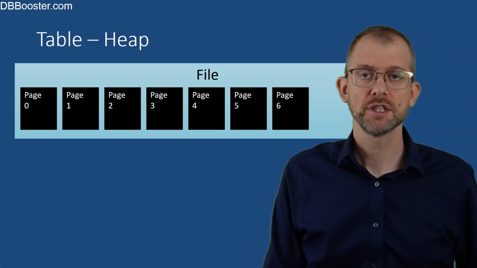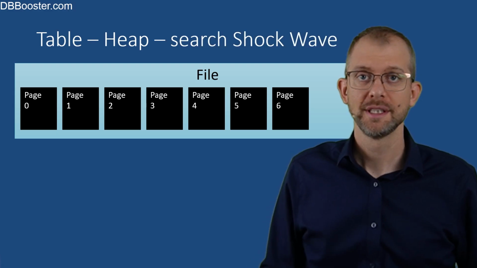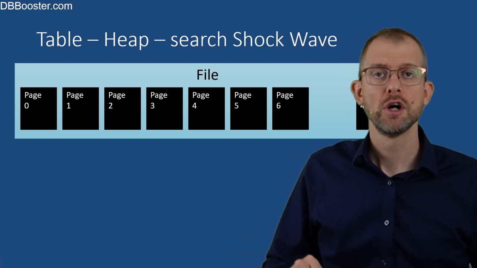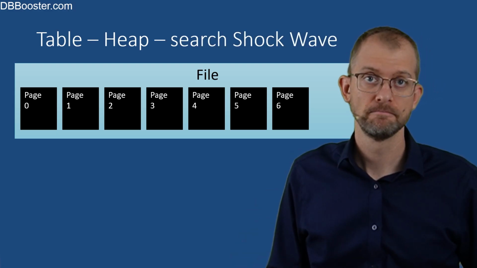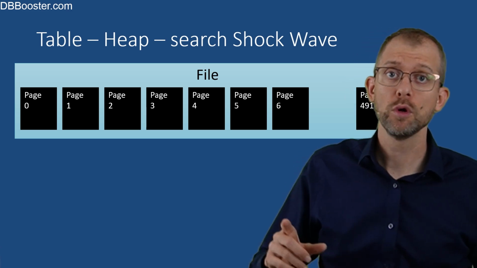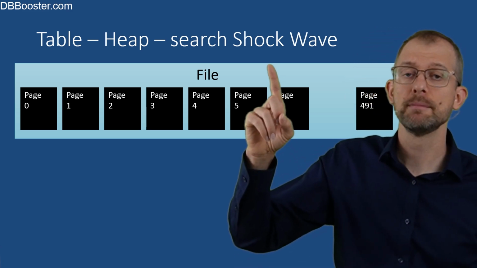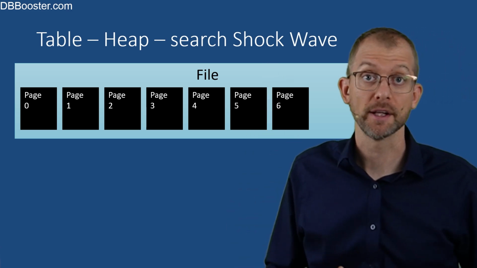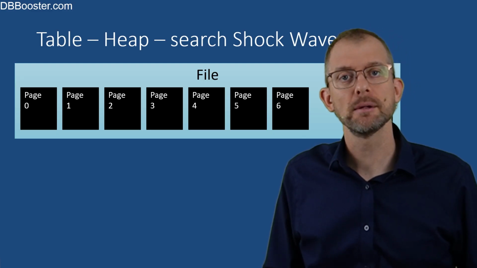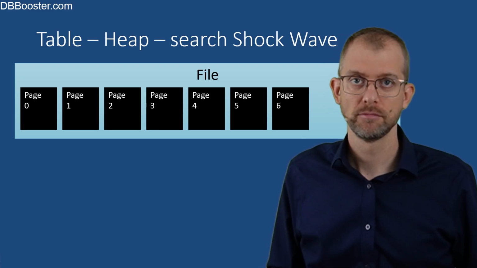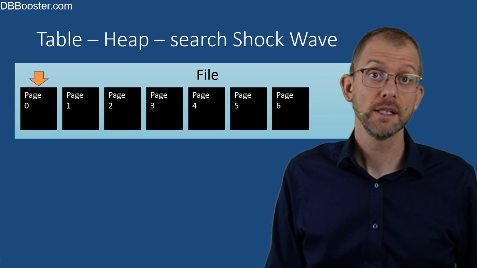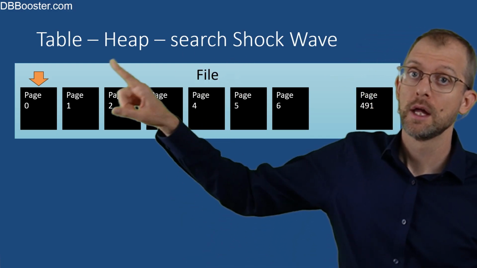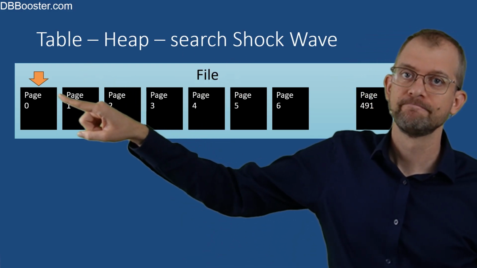The important question is, what if I need to search for a specific value? Let's say I want to find movies with the name Shockwave. But remember, a heap table has no order. So where do I begin? Page 0.